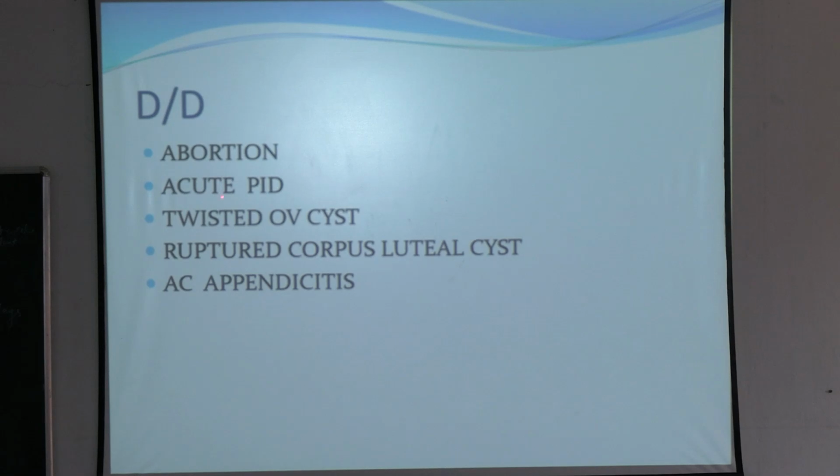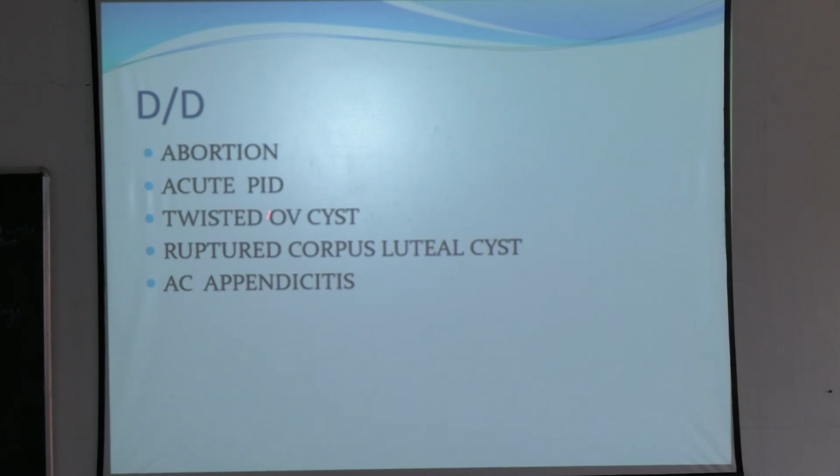Acute PID. If there is pelvic infection, in that case also the patient will come with acute pain, but pallor will be missing, and not only that, the pregnancy test will be negative. So, by the pregnancy test you can exclude PID. Then twisted ovarian cyst: of course in this case the pregnancy test will be negative, and the ovarian cyst will be detected by ultrasonography, and pallor will not be there.